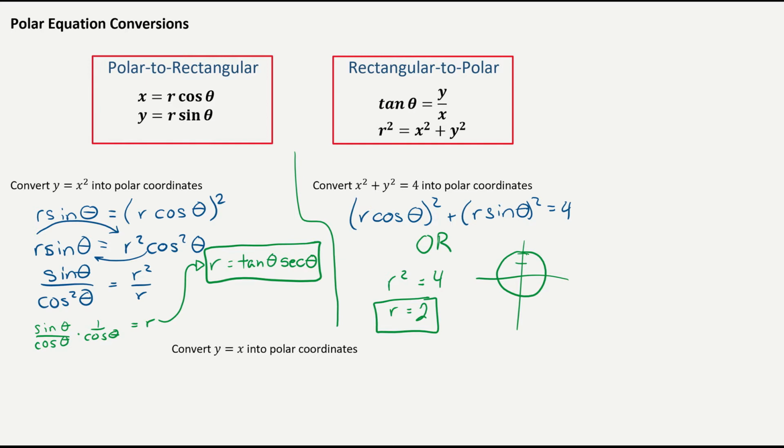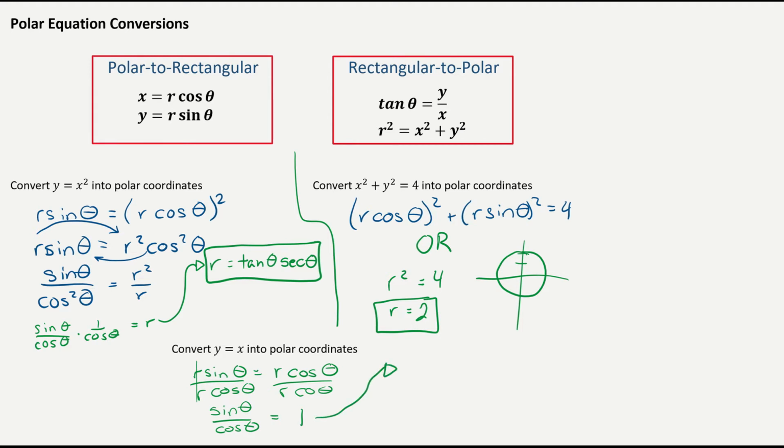y equals x. What is that in polar coordinates? y equals r sine theta and x equals r cosine theta. So for this one now, let's move over. If I divide by r cosine theta, the r's cancel out, leaving me sine theta over cosine theta. On the right side, I have equals 1.